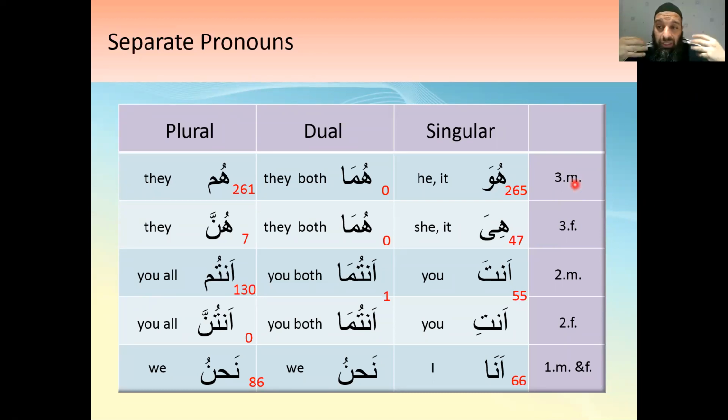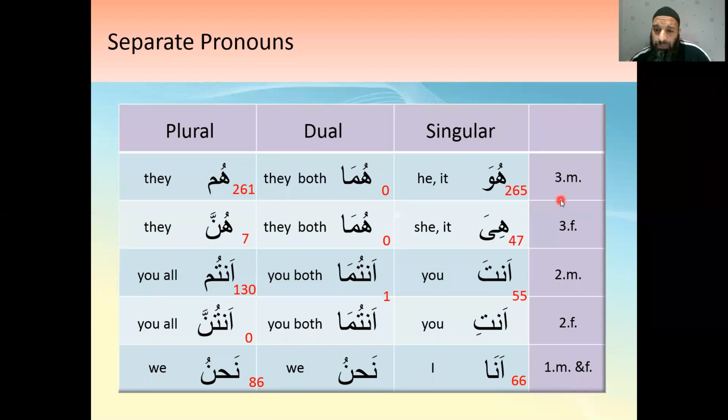That's why you get the masculine ones used more. But the feminine one is just female only. You get them less in the Quran. Look, you got hum here, 261, and hunna for feminine only 7 times. So the masculine ones, singular and plural, are the most important ones you need to learn, but do them all for top marks, for understanding more.